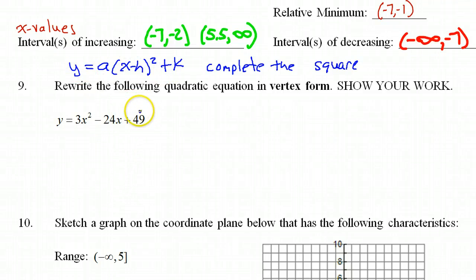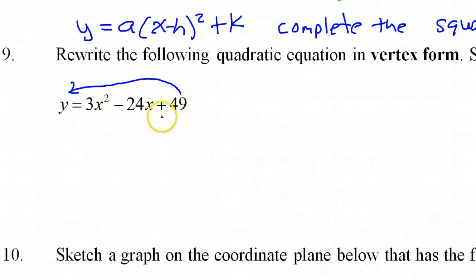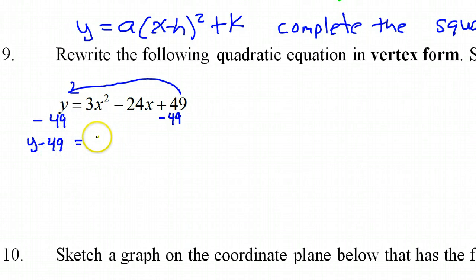In order to complete the square, this 49 is going to have to go away. I better zoom in. So I'm going to have to subtract this 49 from both sides. So that is going to give me y minus 49 is equal to 3x squared minus 24x.